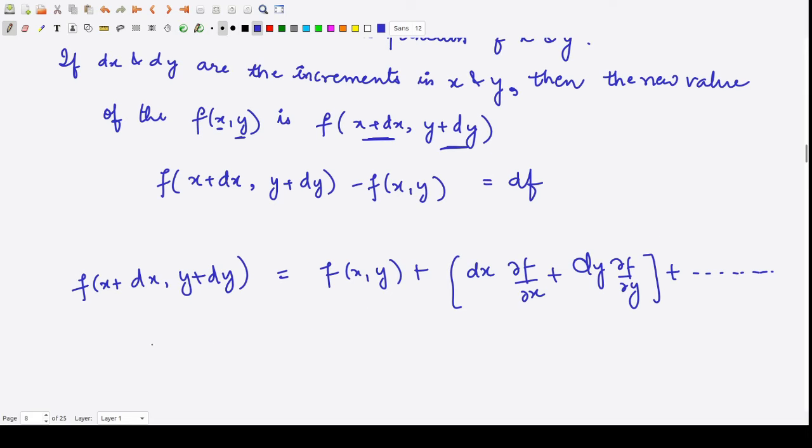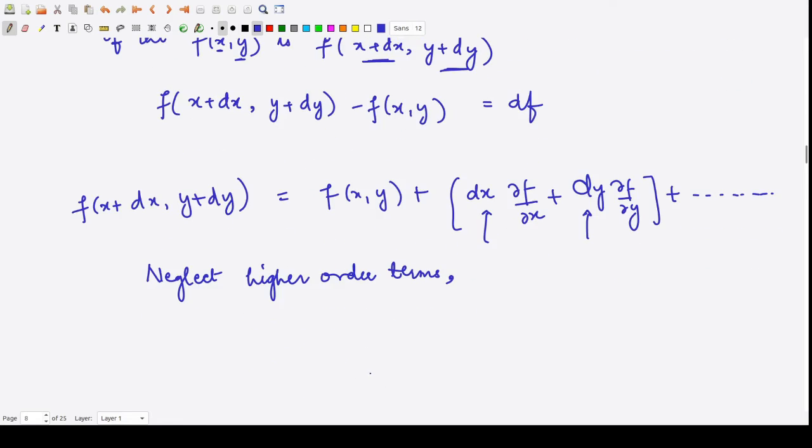So here in this Taylor series expansion, if we neglect the higher order terms and if we assume dx and dy to be very small, what would be this quantity? We know this: del f by del x into dx plus del f by del y into dy is the complete derivative of the given function f.